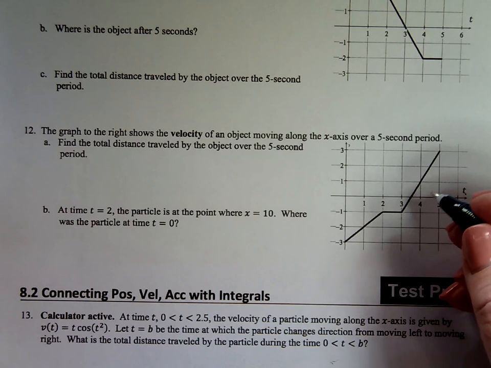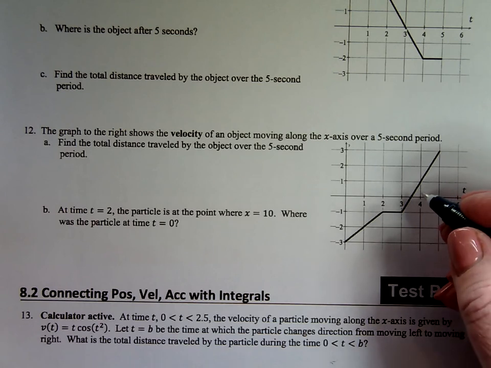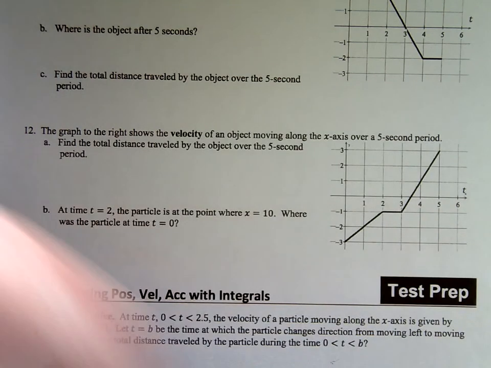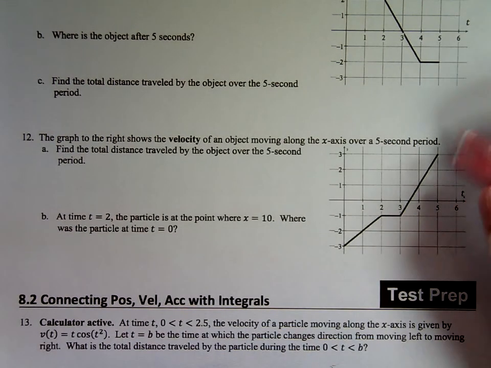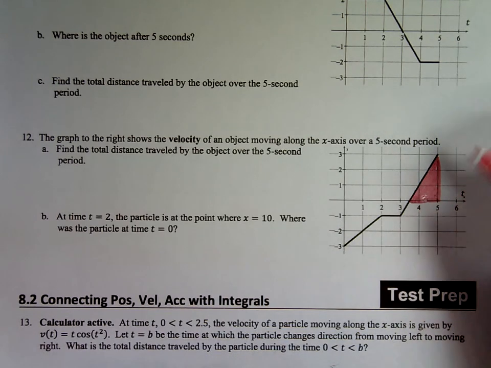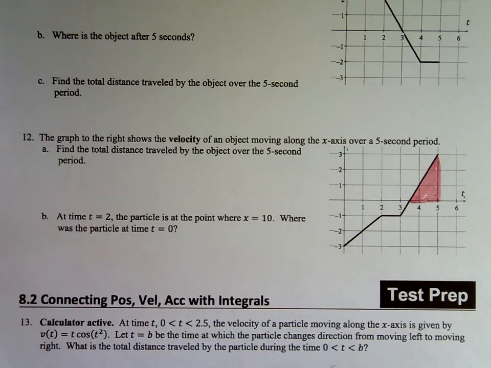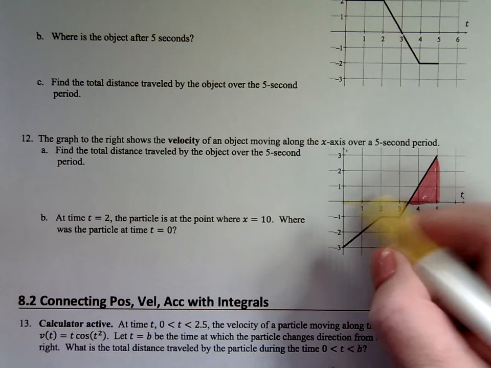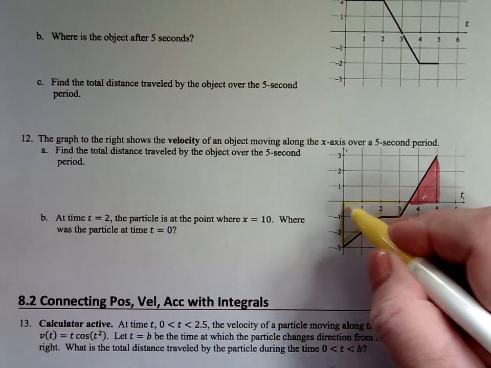I have to divide it up into shapes. So really what I want to know is, if I were to look at this, see this area here? That's the positive area. He's fine the way he is. But all of these guys below, I need to know what these areas are, which is where I'm going to have to divide it into different shapes to be able to figure that out.